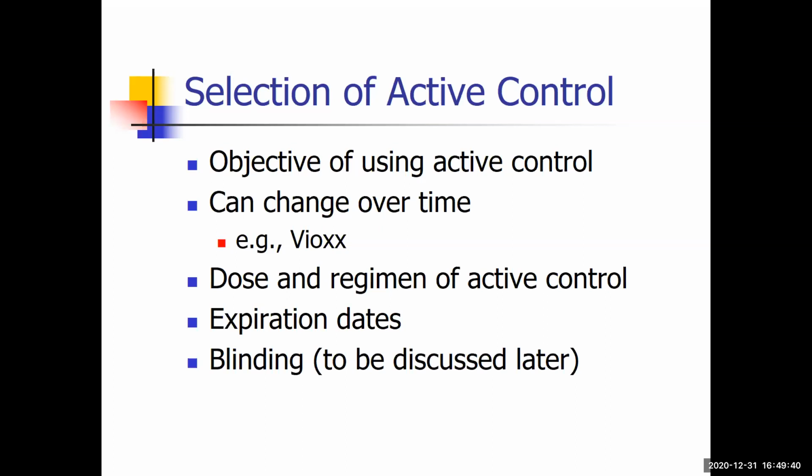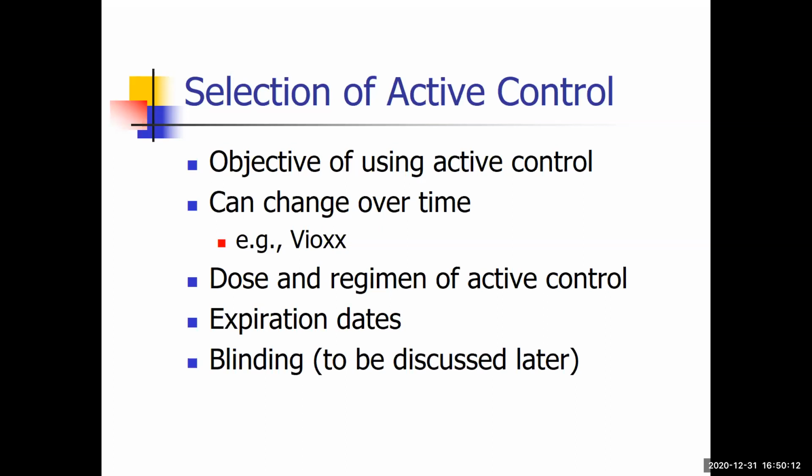But there are problems with blinding. Suppose our test drug is a tablet and this comparator is a capsule. How can you perform double blind? So we did a double dummy, double blind. In other words, our test drug is tablets, so we have placebo tablets of our drug. And their drug is capsule, so we have placebo capsules.